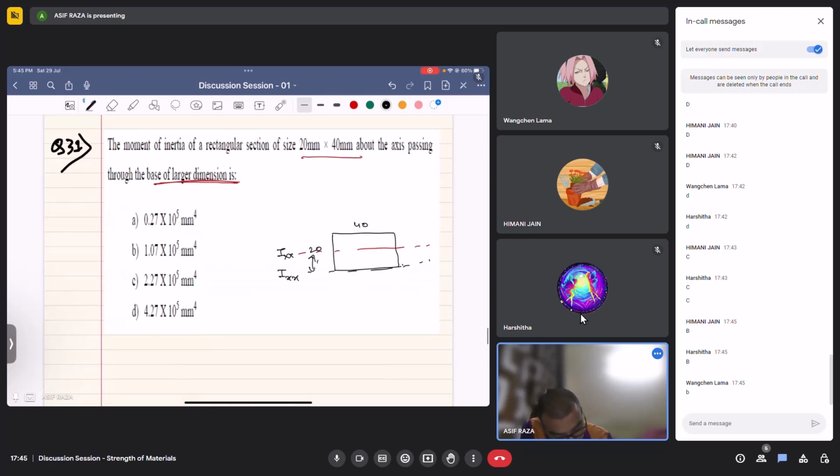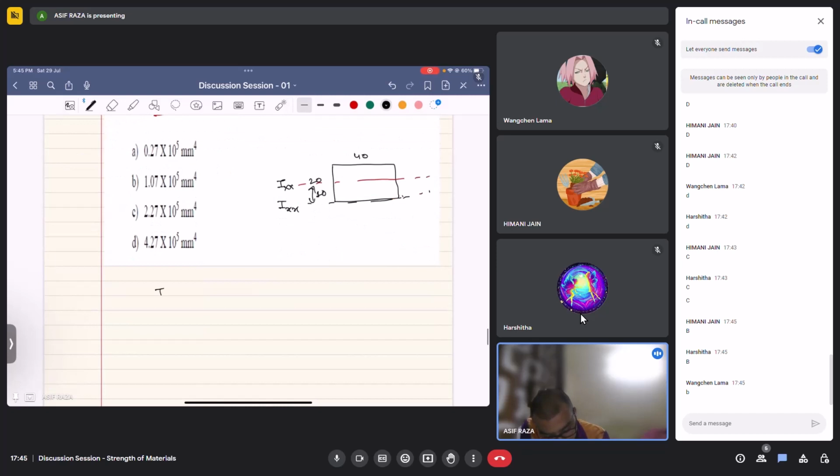This distance would be 10. Ix is 40 into 20 cube by 12 mm^4. So I small xx would be 40 into 20 cube by 12 plus the area of this cross section, that is 40 into 20, and the distance between these two axes, that is 10, whole square.